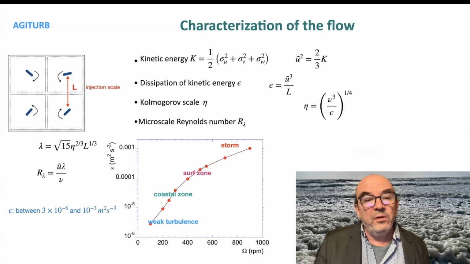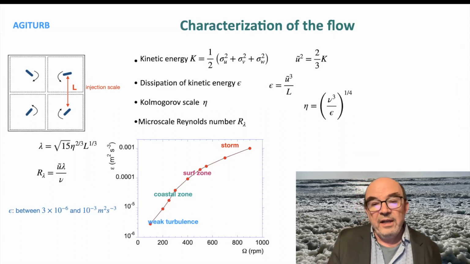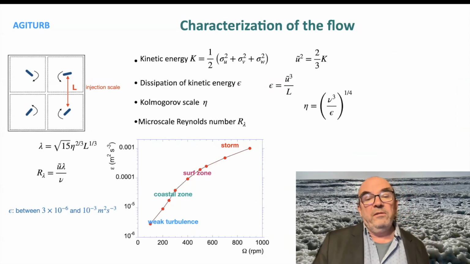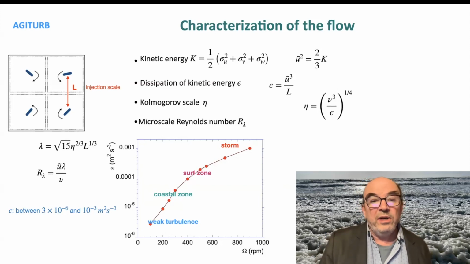For example, we can see in this plot here that when we have a rotation rate of about 100 rotations per minute, it corresponds to weak turbulence. Then we go to coastal zone, to the turbulence in the surf zone, and so to storm conditions when the rotation of the stirrer is very large.